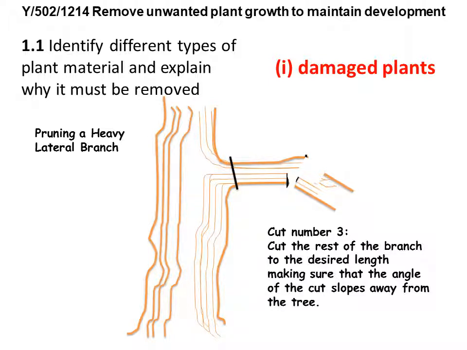What you can see has happened here is the undercut has stopped the bark from carrying along and tearing, and that's when you come in and do your final cut, which is ideally a sloping cut to a growth point or to a collar branch, so that you don't get a load of dieback, because all of this could end up dying back, and then that attracts pests and diseases and it becomes damaged growth. So this is a way of preventing damaged growth when you're taking away a very heavy lateral branch.